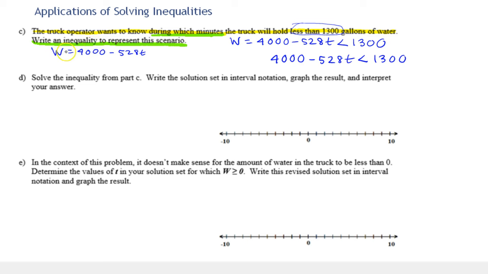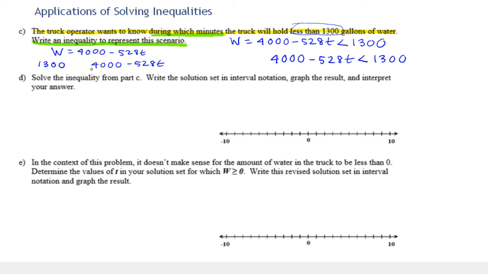And in that case, we'd replace W with 1,300 and we'd solve for T. Okay. So now we have an inequality, which, remember, inequalities are not symmetric. So suppose we replaced W with 1,300, and then I'm going to put 4,000 minus 528T on the right-hand side.